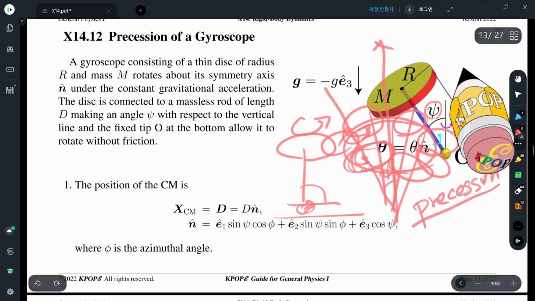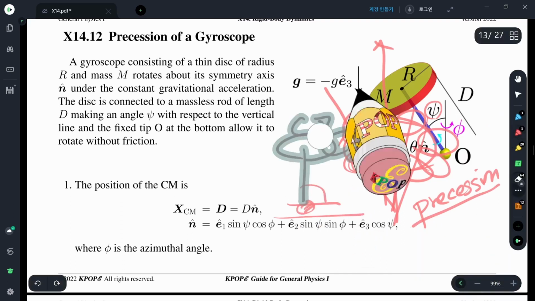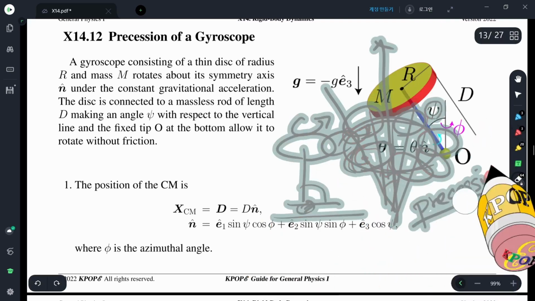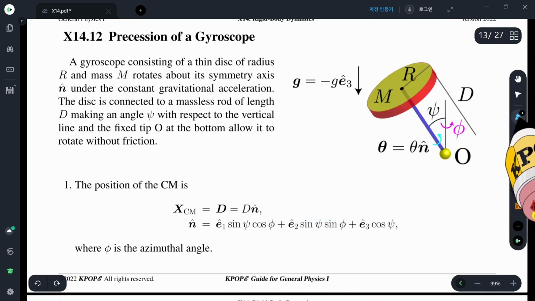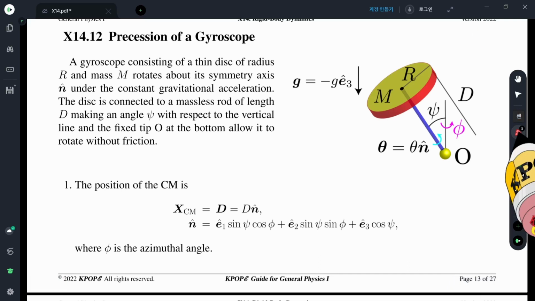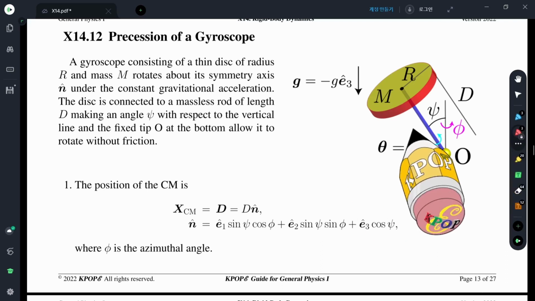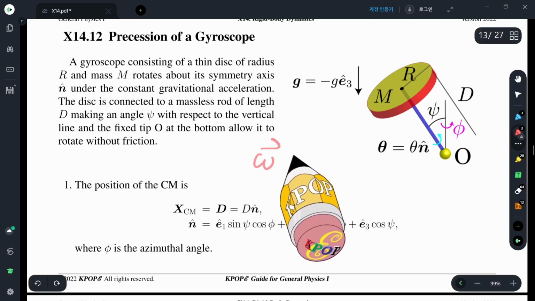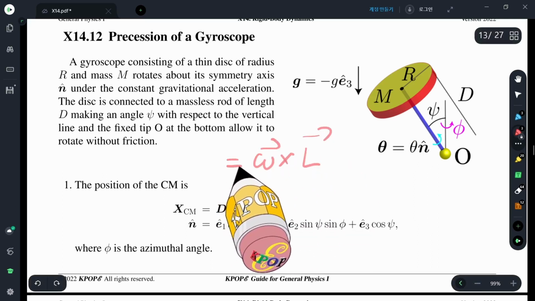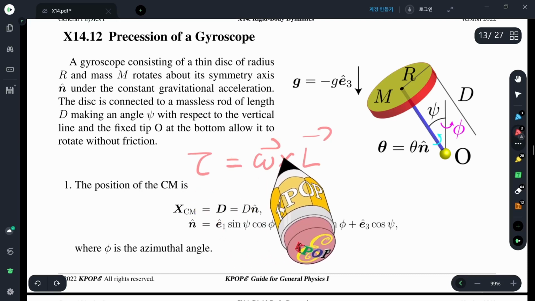Precession can be understood using Newton's second law of rotational version, and that derives from the relation of rotation omega cross L is tau.